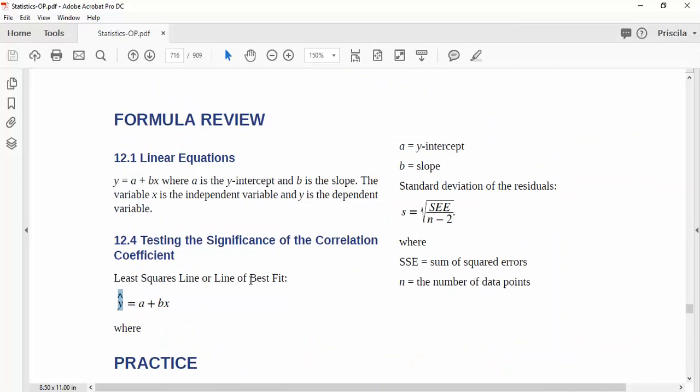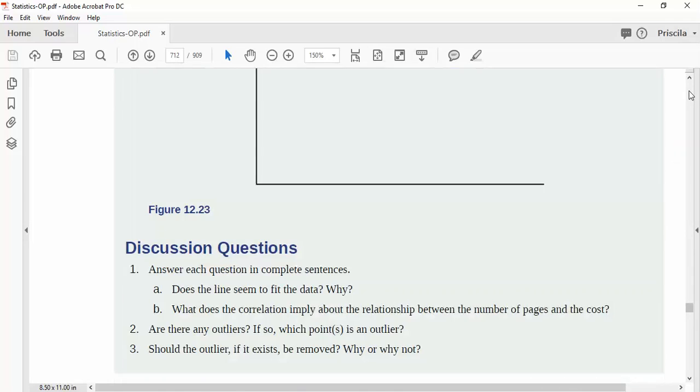The least squares line, or line of best fit, is going to be y hat equals a plus bx, where a is your y-intercept, right here, and b is the slope of your graph. Okay, let's go back here.